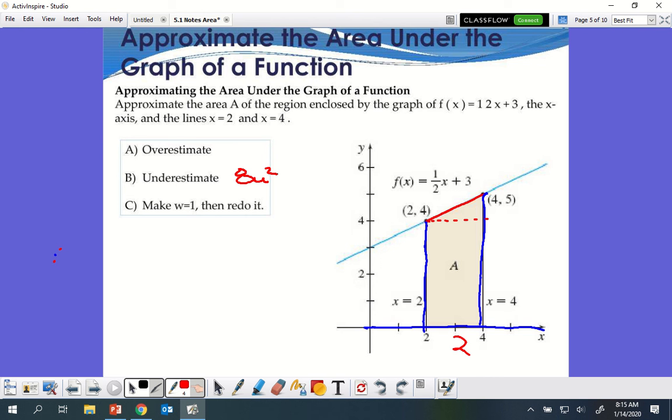I would use 5. Very good. I'd use 5 because I would start over here. So having 5, that would be an overestimate. Okay, so 2 times 5, so that's 10 units squared. You all right? Okay.